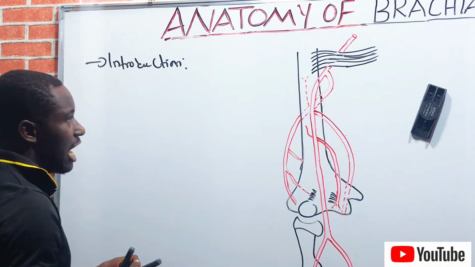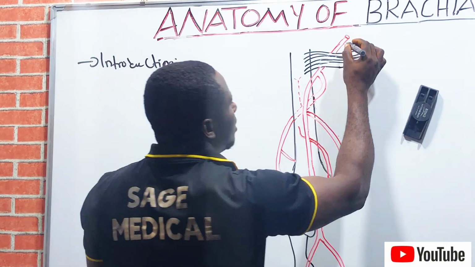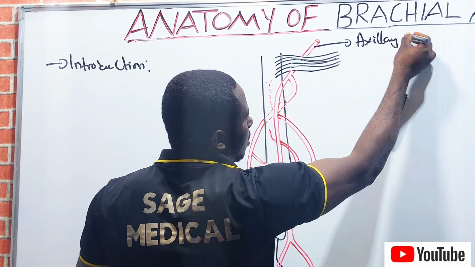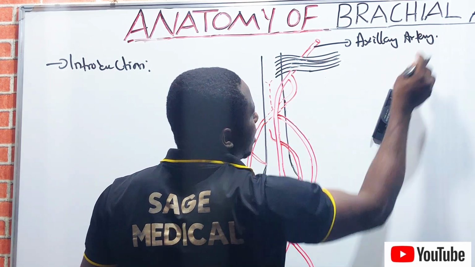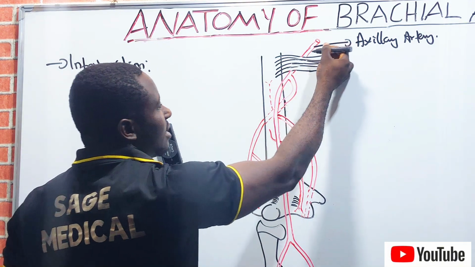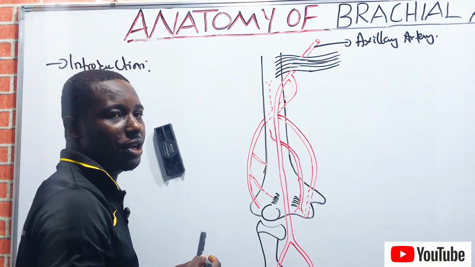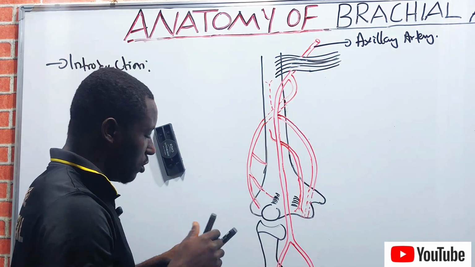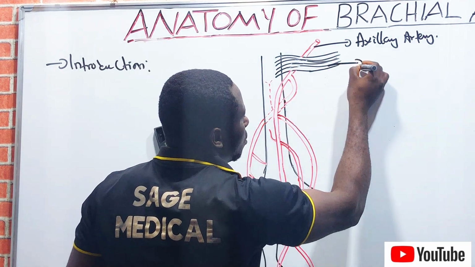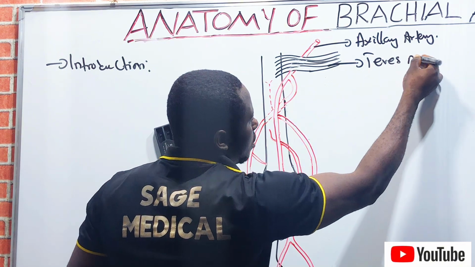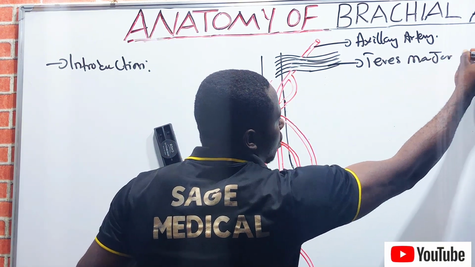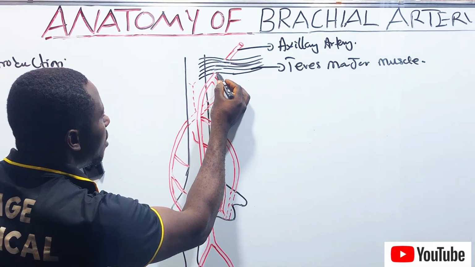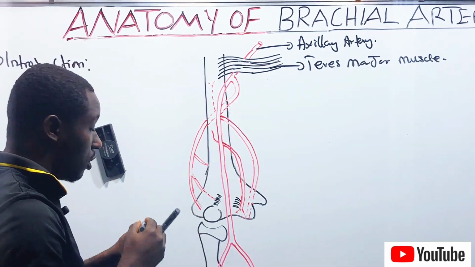Now, as you can see here, this is the axillary artery, which enters the brachium to become the brachial artery at the level of the lower border, or the inferior border, of the teres major muscle. So this is our teres major muscle. Here is the inferior border, or the lower border, of the teres major muscle.